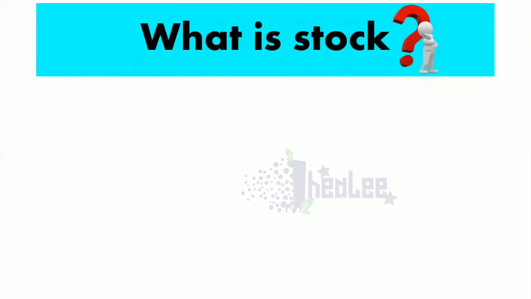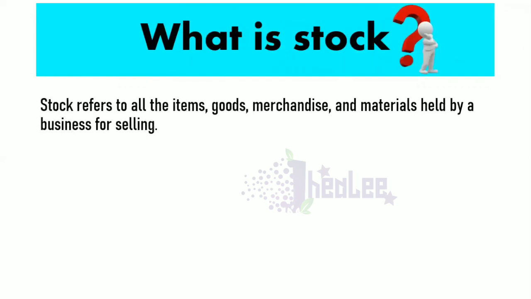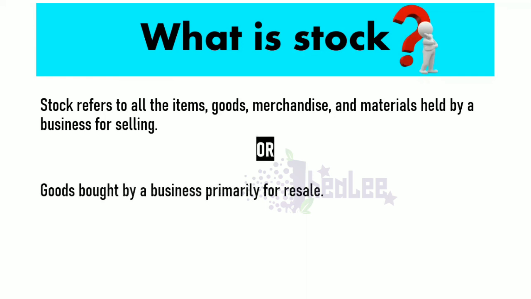So therefore, what is stock? What do we see as stock? Stock is referred to as all the items, goods, merchandise, and materials held by a business for selling. Or you could say goods bought by a business primarily for resale.